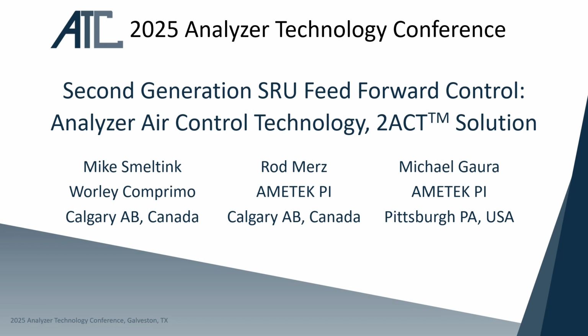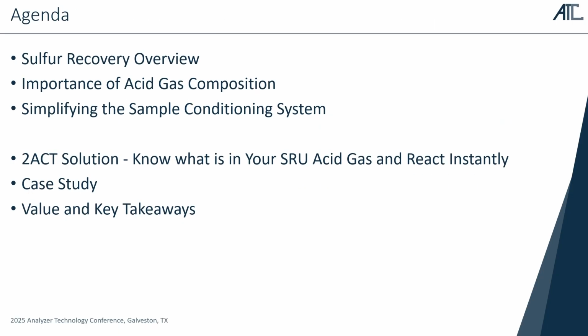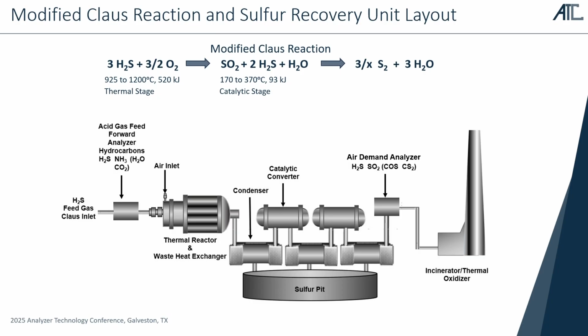And with the invention, I will call it, by Carl Friedrich Claus back in 1884, we had the Claus reaction, which is essentially the combustion of H2S with oxygen to produce sulfur as a byproduct and SO2.